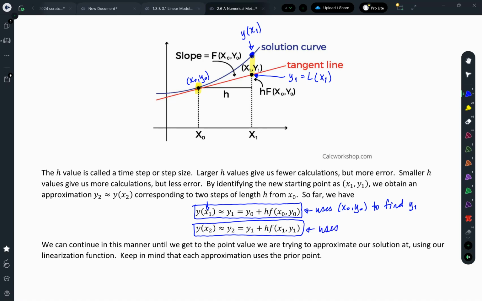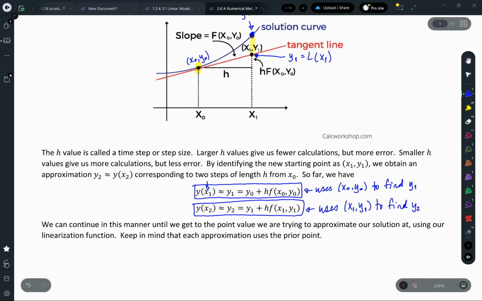So this uses x1 and y1 to find y2. And once you get into that pattern, like the setup's not too bad. The calculations can be a bit tedious. You definitely want to use a calculator. But anyways, we would keep on in this manner until we finally get to the ultimate x value that we're after. Each step that we take, we're getting an approximation, and so we should hold on to as many decimal points as we can until we get to our final answer, okay?